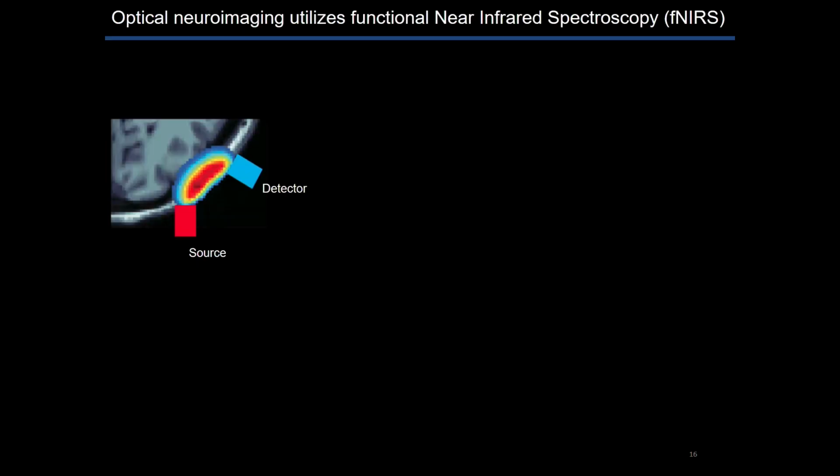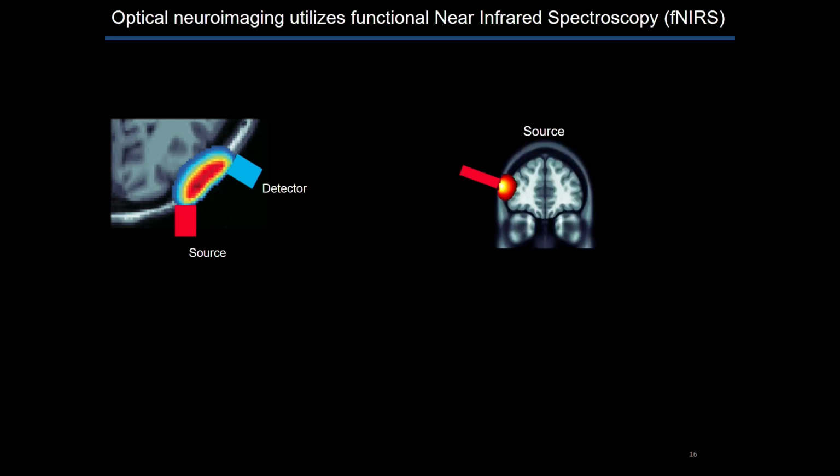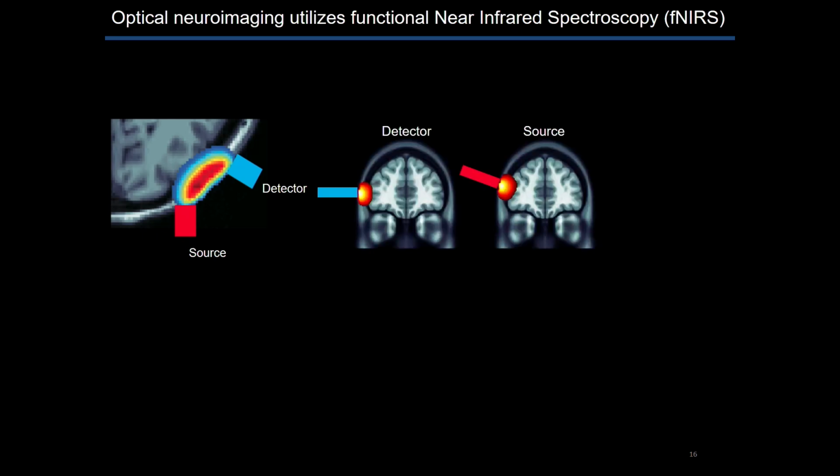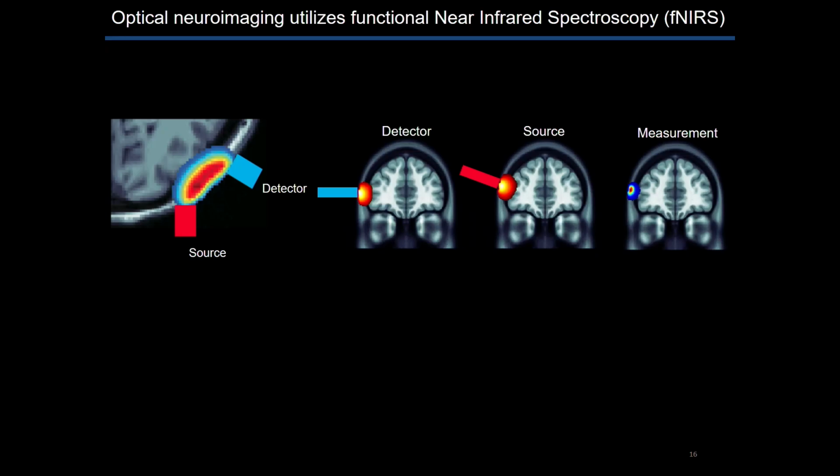All right, so optical neuroimaging utilizes functional near-infrared spectroscopy. Again, you have a source of light, you have a detector of light, and you have your measurement. If a source detector pair is close together, your measurement samples superficial tissue, just like Emma was talking about.